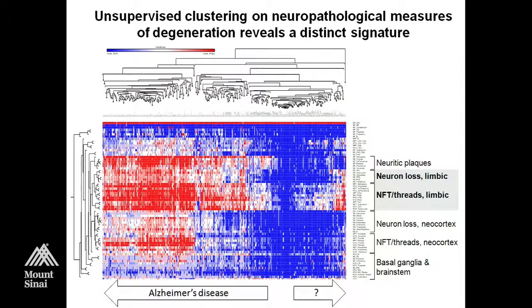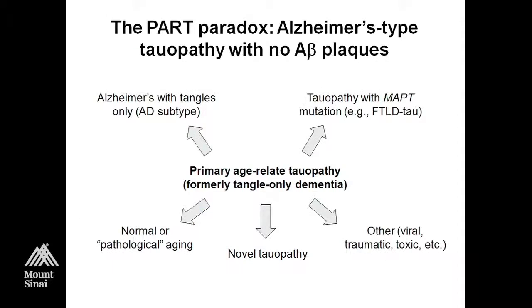And what does that mean? There are quite a few patients or subjects that have this pattern. This is unsupervised hierarchical clustering of neuropathological variables, semi-quantitative counts of pathology and neuron loss. And there is a group here that clearly segregates away from the classic Alzheimer's cases, which have amyloid. And so this group is what we've been looking at.